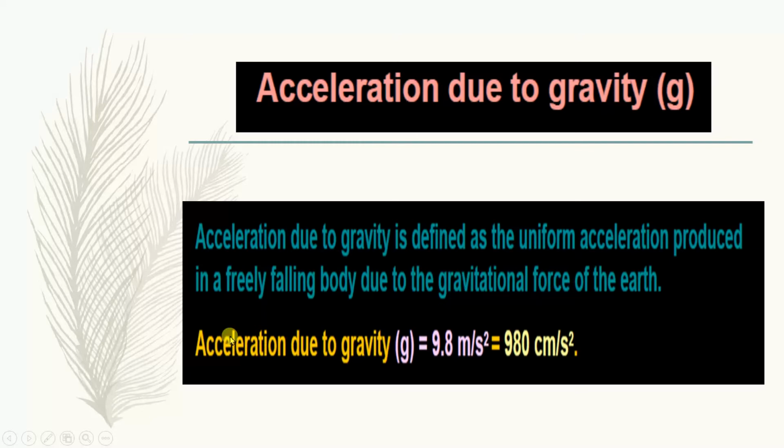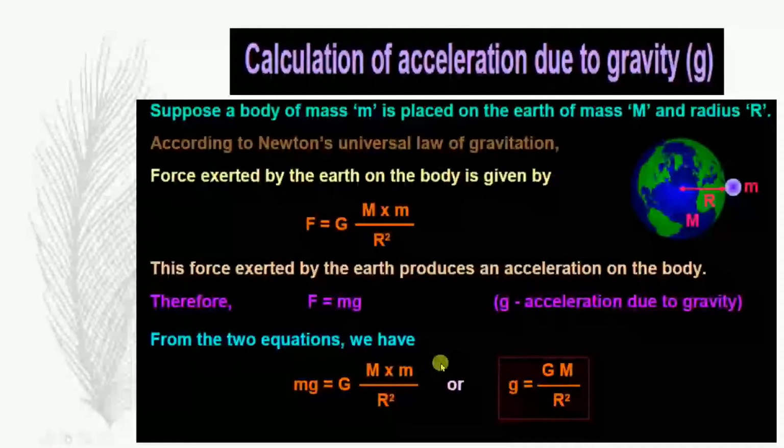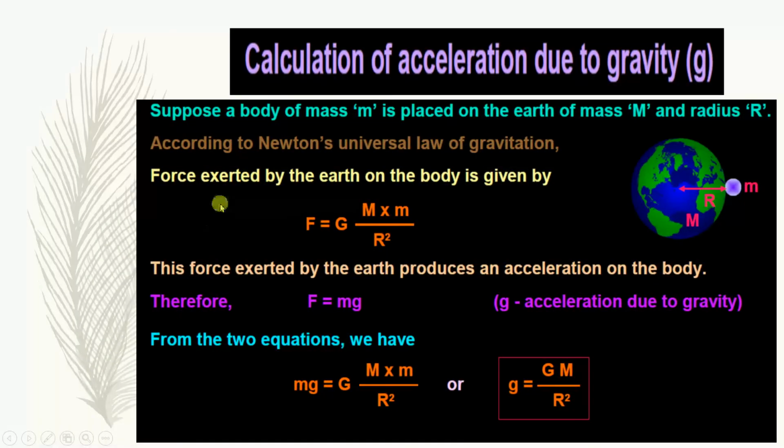Okay? And its value is constant for the earth. It is 9.8 meter per second square for earth, and different planets will have different values. From where this value has come, we will discuss later. Now here, calculation of the acceleration due to gravity. How can we derive the formula for this g? Let us see.